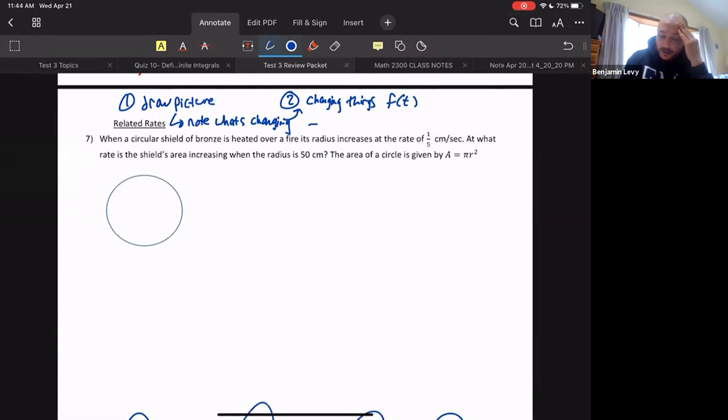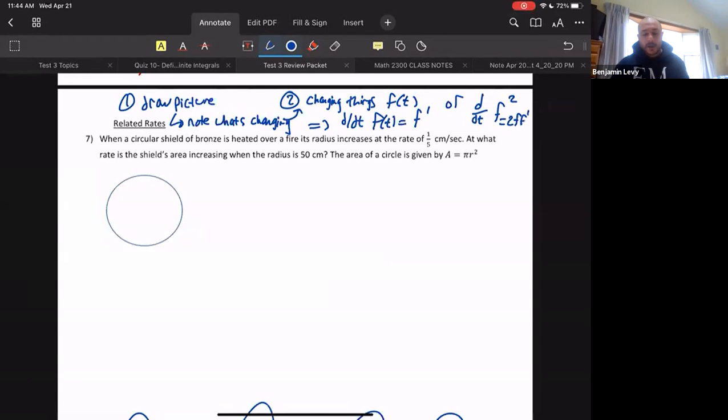That means eventually we're going to do a d over dt of those things, and we're going to want f prime. Or if it's d over dt, just like we did a second ago with f squared, it's a chain rule. So we draw the picture to think about what's changing. Those things are functions of time, so when I do the derivative with respect to time, we're going to use implicit differentiation.